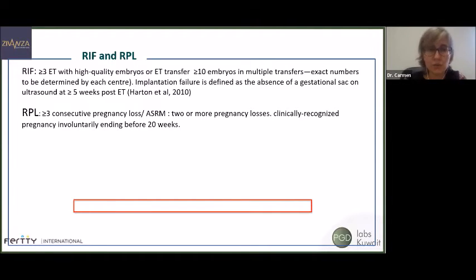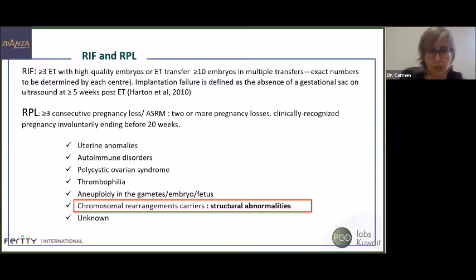Although these recurrent IVF failures and pregnancy losses can have a lot of causes. One of the causes is that one of the members of the couple, male or female, doesn't matter, is a carrier of a structural abnormality, typically a translocation or an inversion.